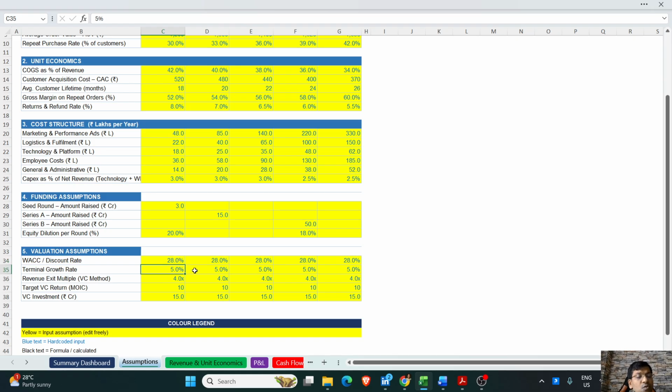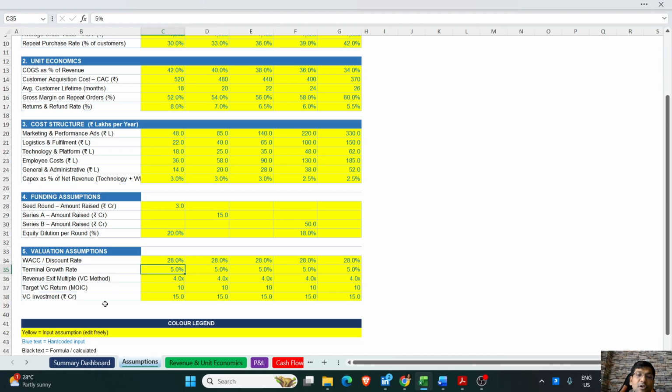What is terminal growth rate? Terminal growth rate is, in the last year where someone comes with a particular set of cash flows, beyond that explicit period, for posterity, the percentage at which the company's cash flows will increase.